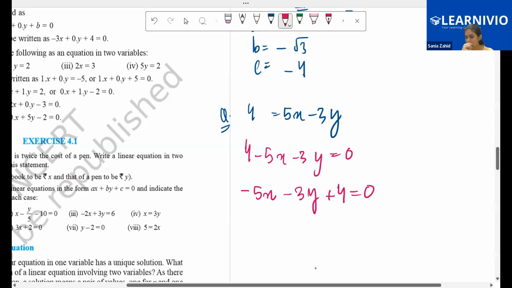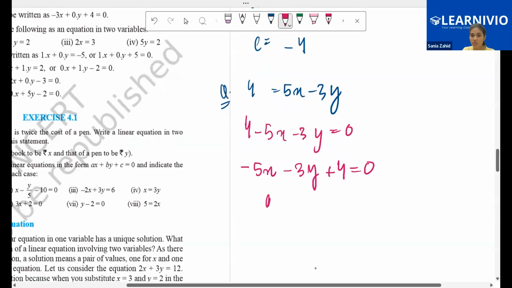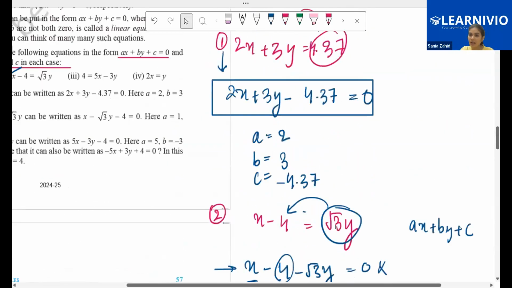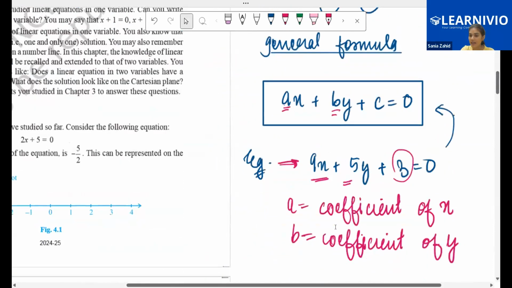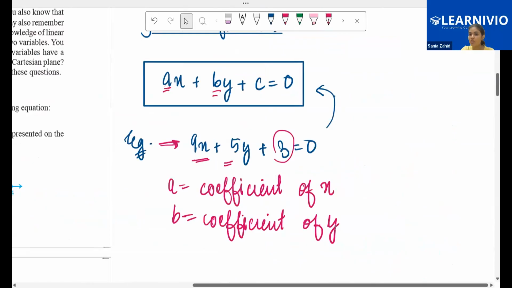Okay. And then A is 5x, no, A then is just minus 5. X we don't include as A. See, what was A? I explained it. A is basically the coefficient of x. A means the coefficient of x.